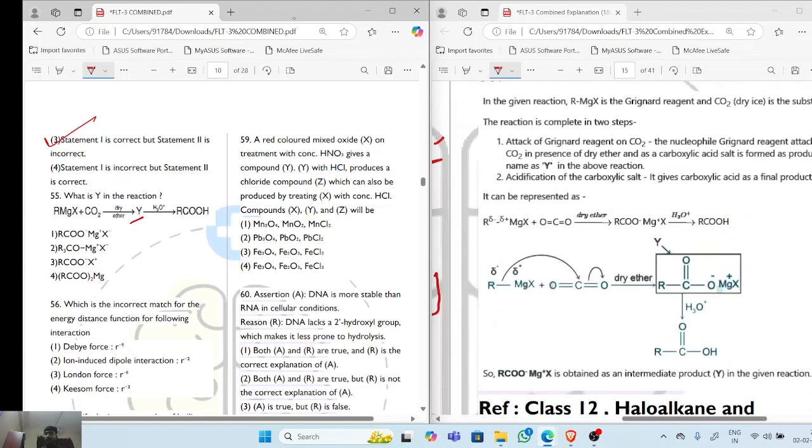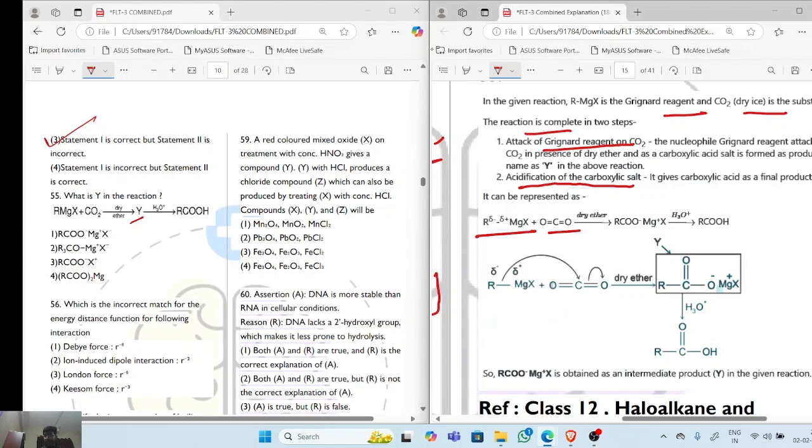In the given reaction, RMgX is the Grignard reagent and CO2 is the dry ice. The reaction completes in two steps: attack of the Grignard reagent on CO2, and acidification of the carboxylate salt. First we are given RMgX.